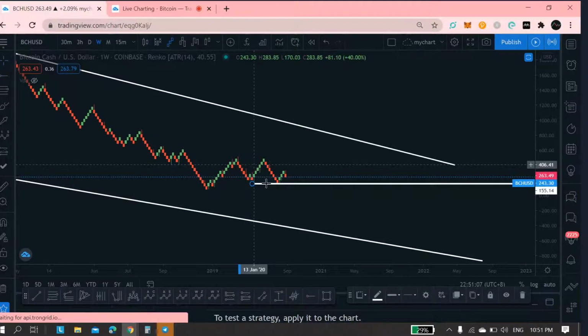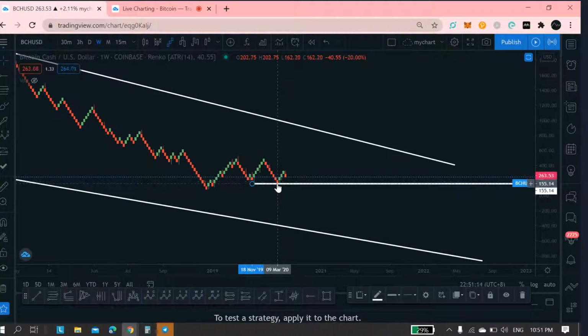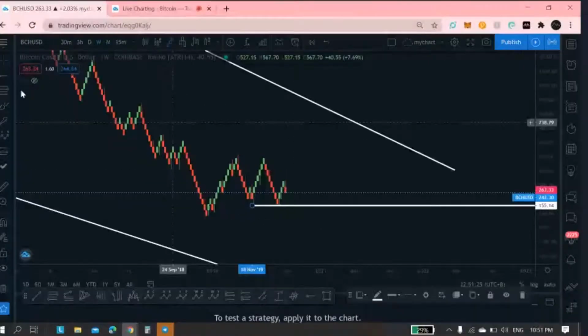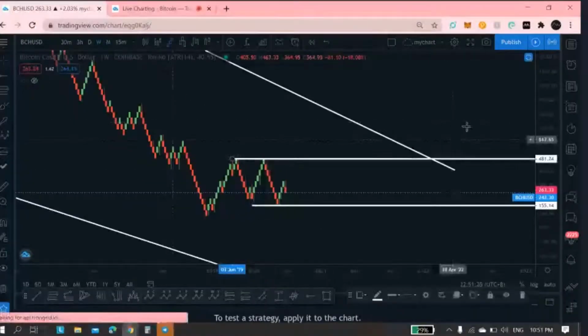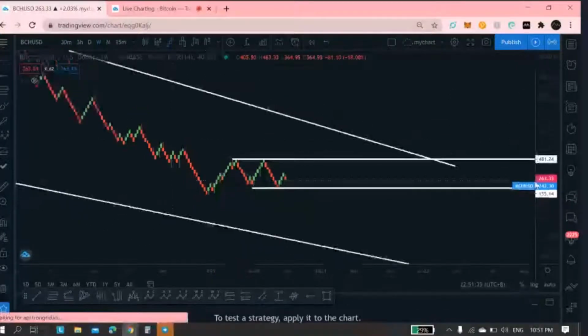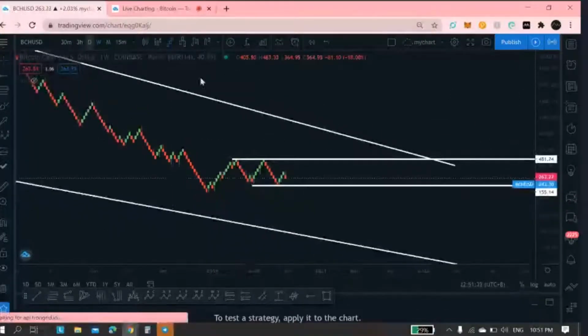That's the week, and that's also a solid Renko chart here. So it might possibly retest. The resistance I'm looking at is this area around the 481 using this weekly Renko chart. But let's go to the daily Renko chart.